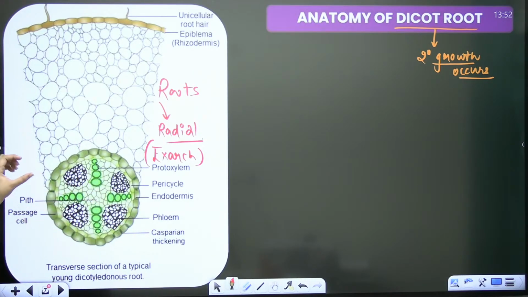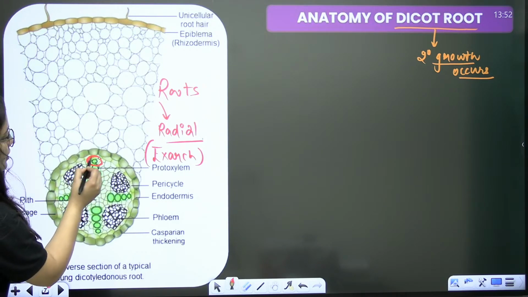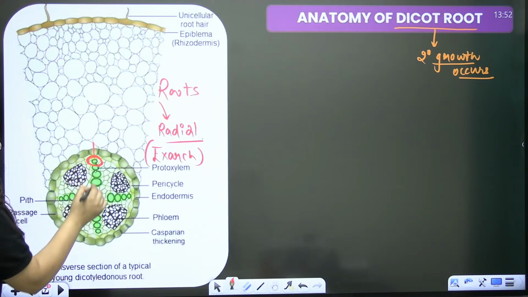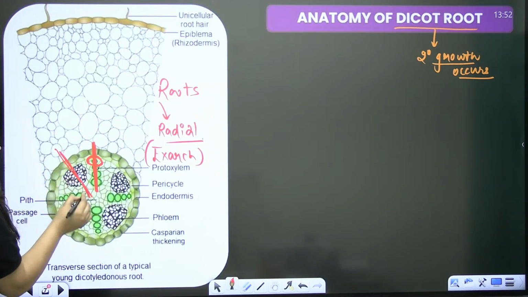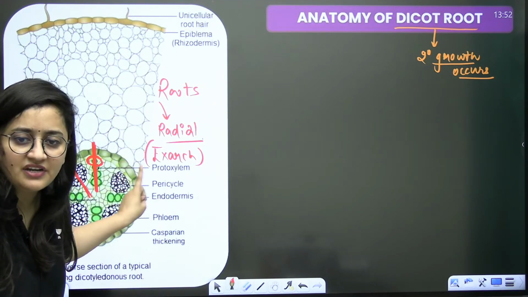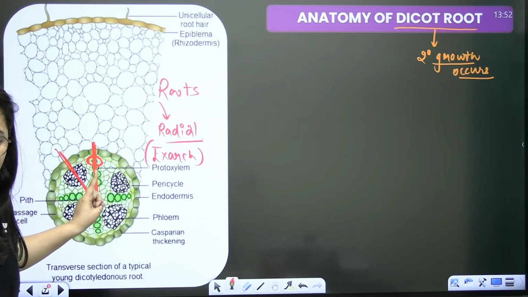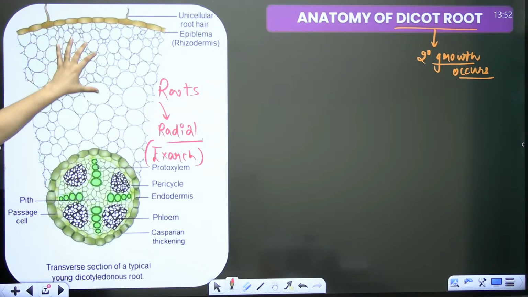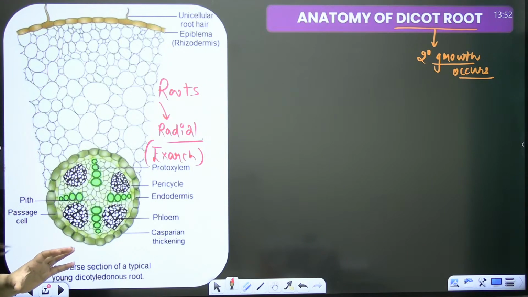Clear? So here you can see that your protoxylem is facing the periphery. The xylem is present here and the phloem is present here, so obviously they are present at different radii, and the arrangement is exarch. And can you see the hypodermis here?